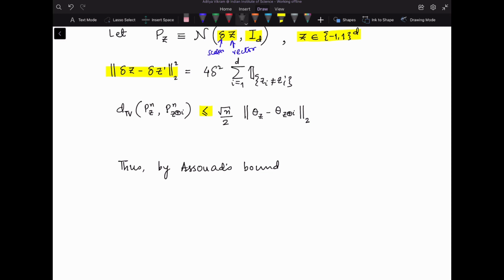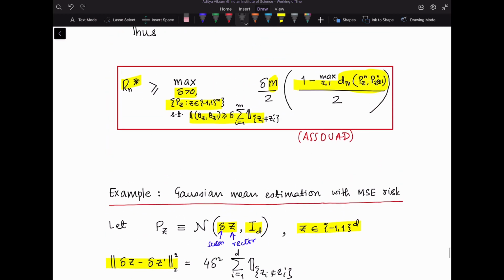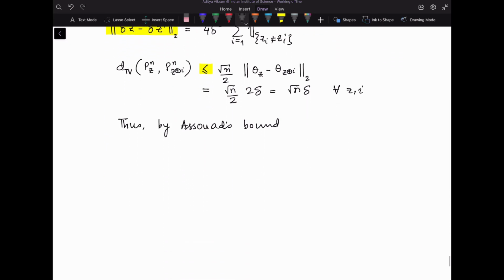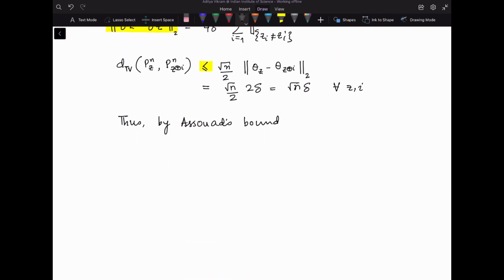When we flip the ith bit, this would be exactly root n by 2 into 2 delta, which is root n delta, because there is only one bit flipping here. This holds for all z and i, so we can use this bound for the maximum KL divergence, maximum total variation distance.